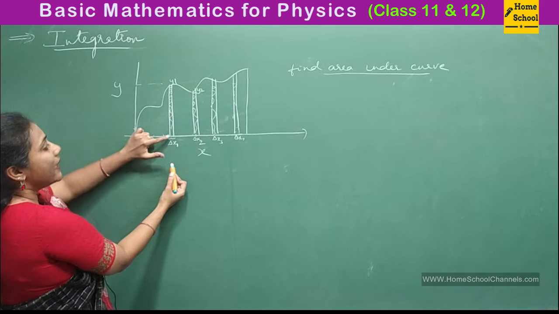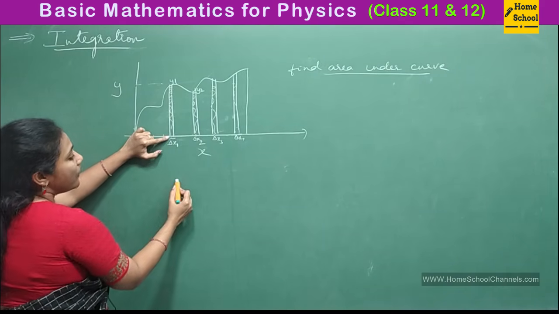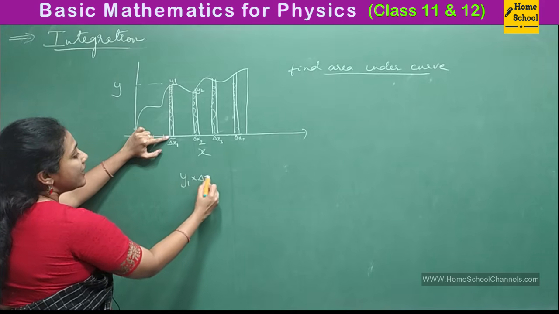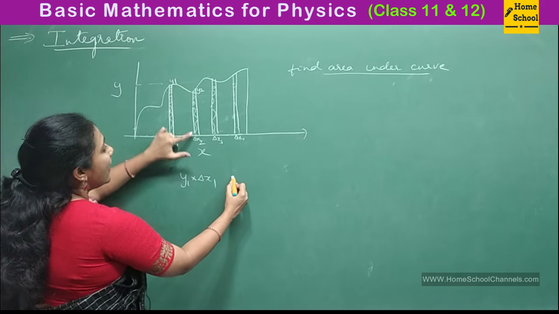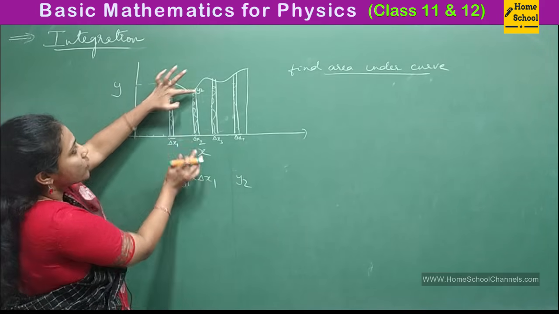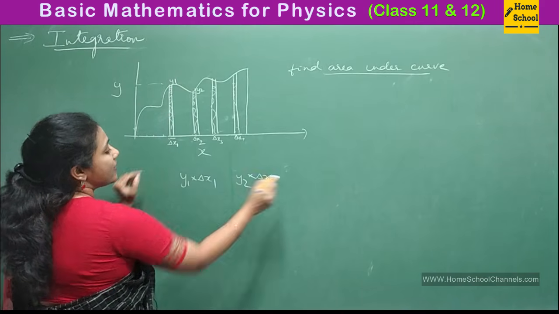And this is my first rectangle, and if I have to find its area, how do I find it? I'll find it as y1 into delta x1. This is my second rectangle and I will find its area as y2. So length into breadth, right? This much is the length, that is y2 is the length, breadth is delta x, right?